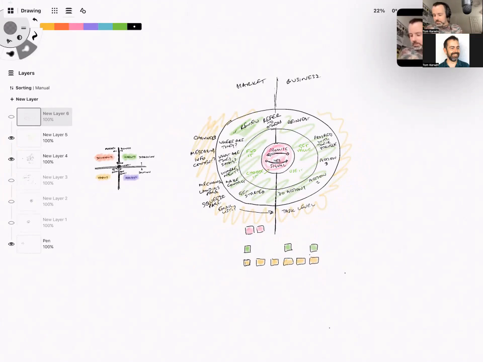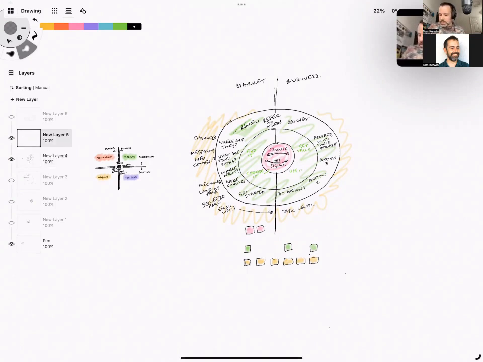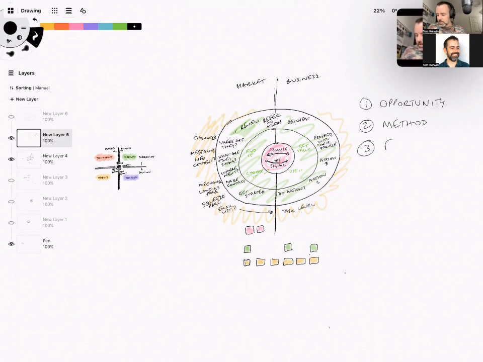And another idea that is helpful to consider at this point is a concept from Amy Hoy, which is that any business has three layers. Layer one is the opportunity. Layer two is the method. Layer three is the format.